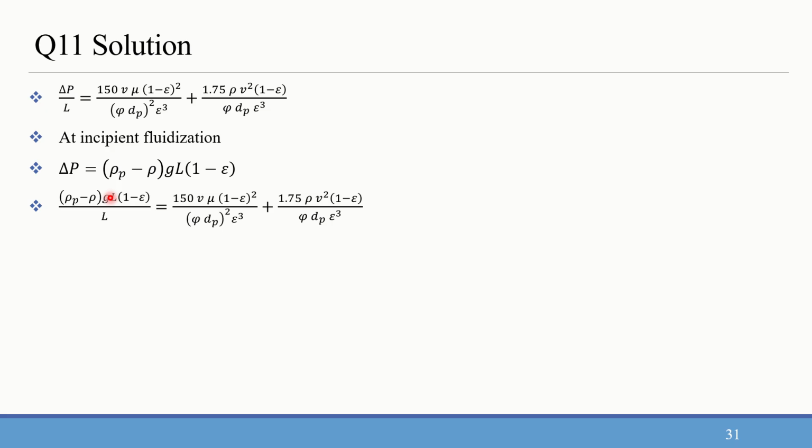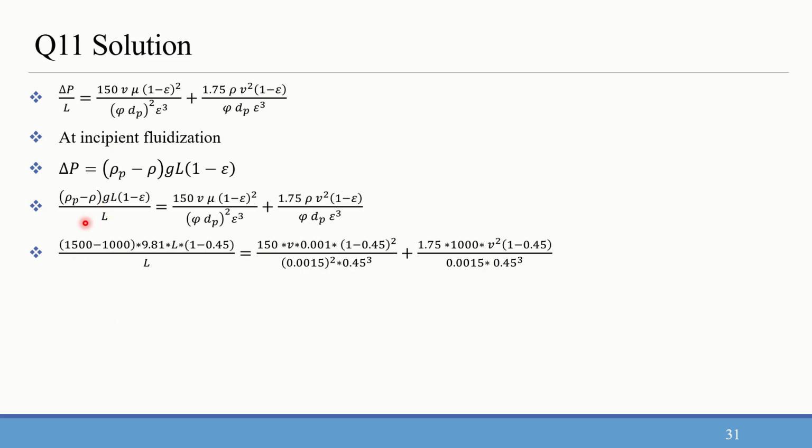Now this L and this L get cancelled, so we need not substitute the value. So the rest of the things we can do: (1500 minus 1000) into 9.81 into L into (1 minus 0.45) divided by L. L gets cancelled, so even if we substitute values it doesn't matter.